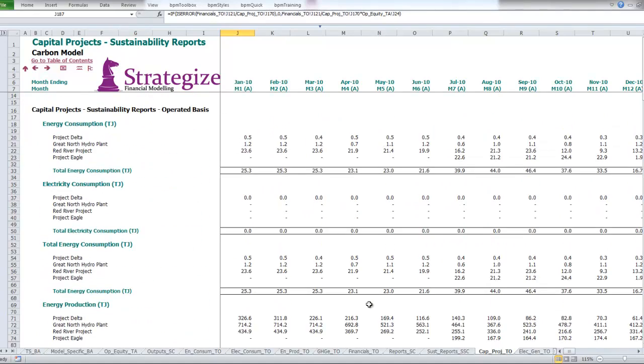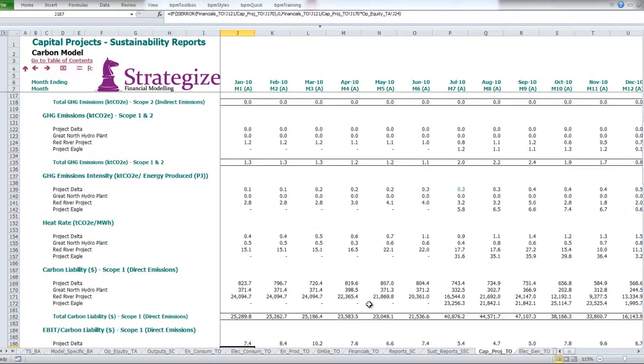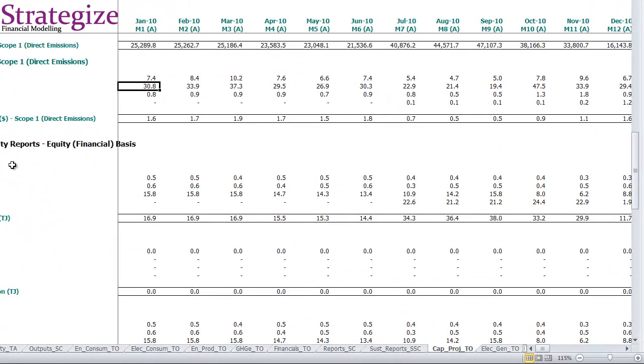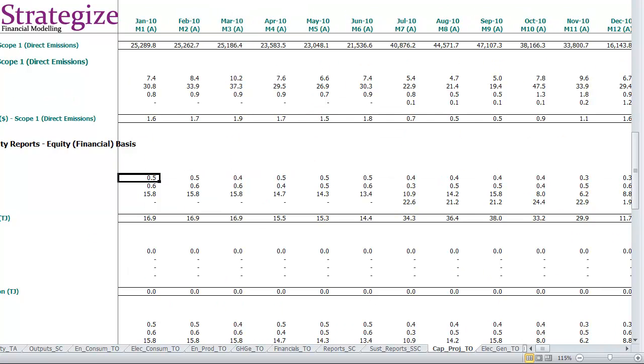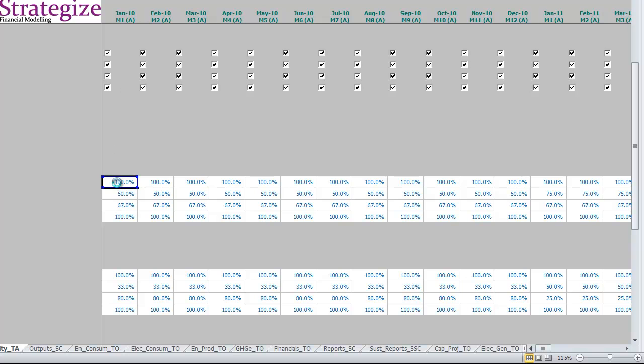So this is under an operational control basis. And I'm also presenting it under an equity or financial basis as well. What I mean is you may own 100%, or you may only own, say, 67%, as is the case with the Red River project.